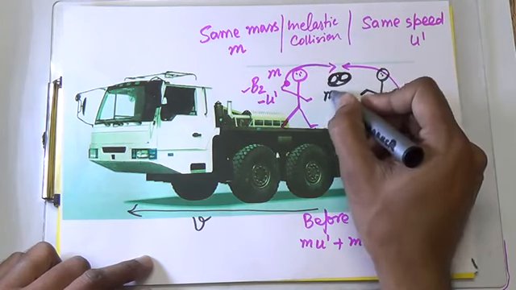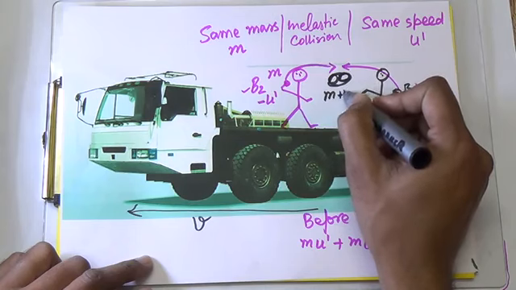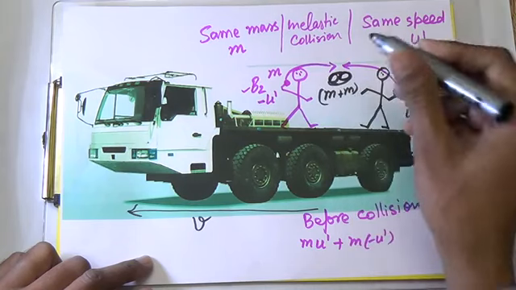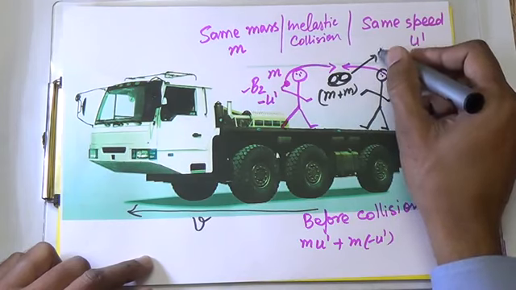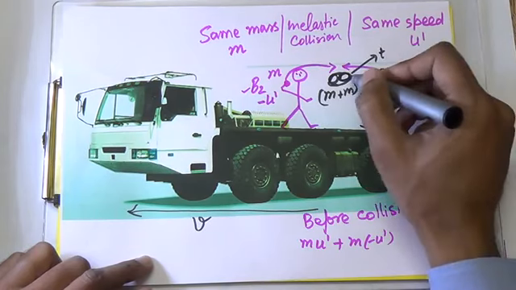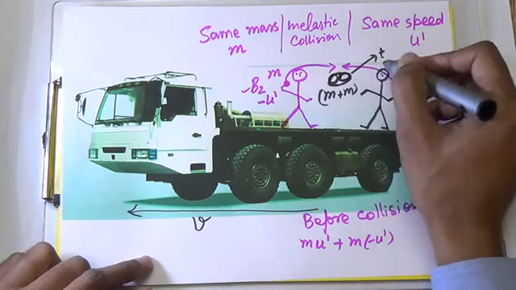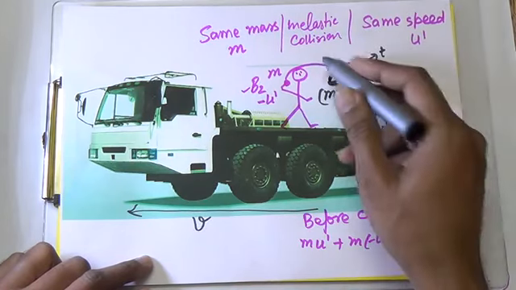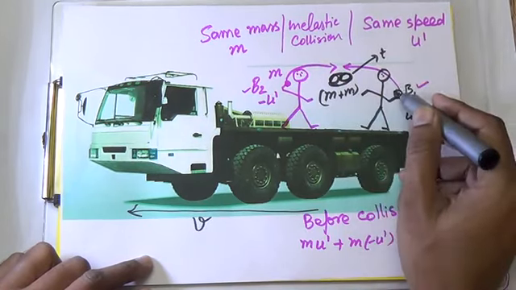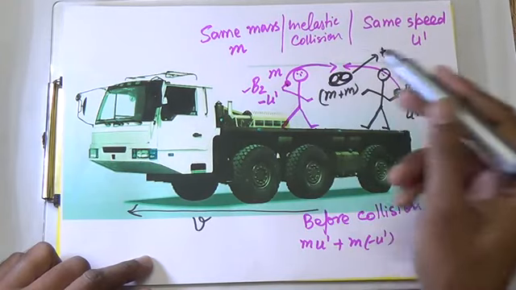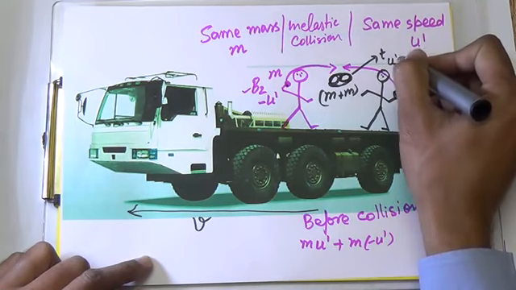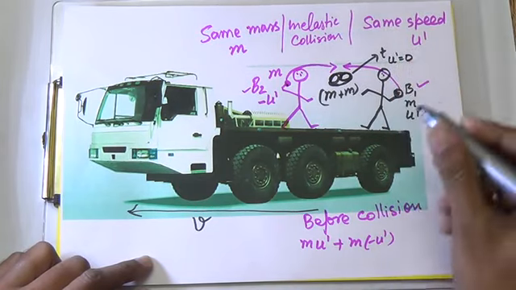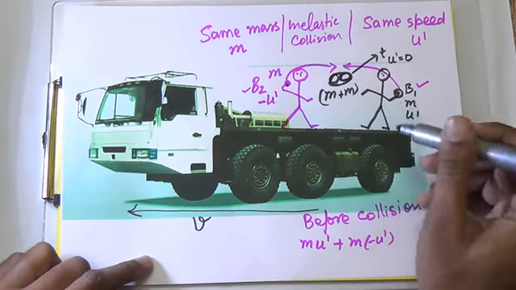The mass of that ball is m plus m, and at that particular moment it stops, so the speed is 0.